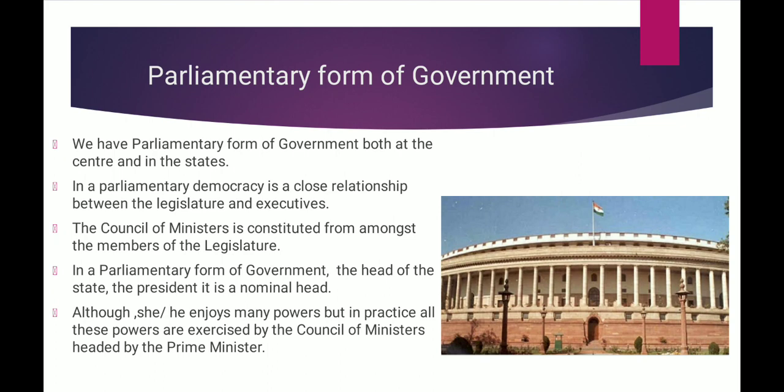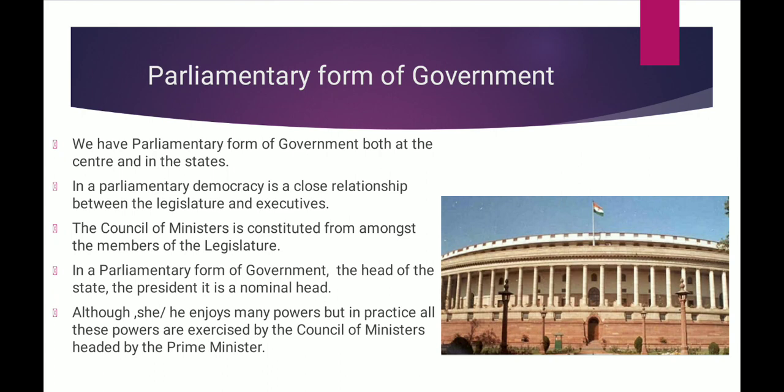Then, the parliamentary form of government. We have a parliamentary form of government both at the center and the state. In fact, we have adopted this system on the British pattern. We have borrowed the parliamentary form of government from the British Parliament.